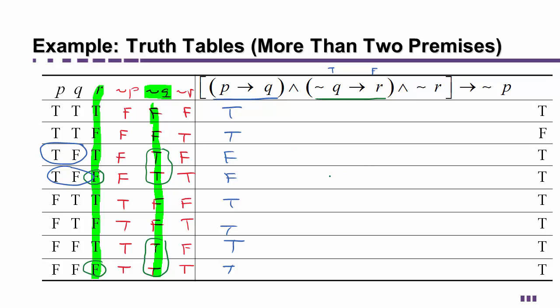Every time else, we're good to go. So false and false. The rest are all true. Now we can do their and. And remember that ands are only true when they're both true. And they're false whenever one or both of them are false.